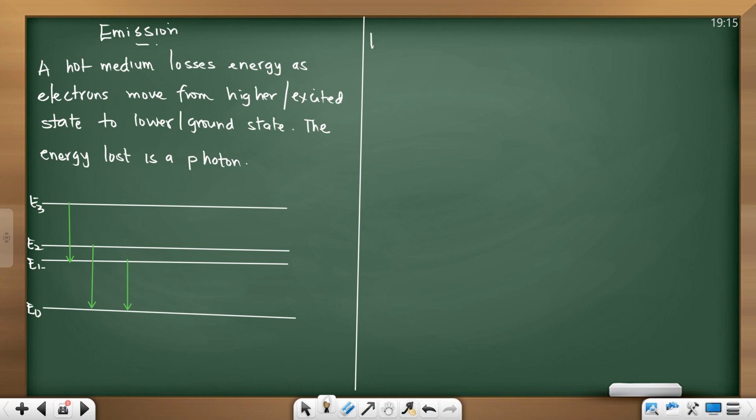What do we observe? We observe a black background and colorful lines. The colored lines shows the photon that is what? Emitted. The colorful line shows photon that is emitted.